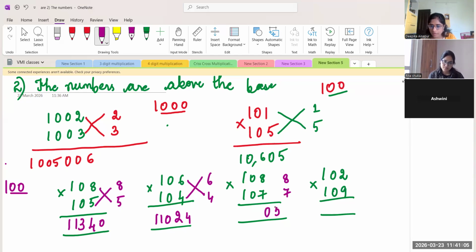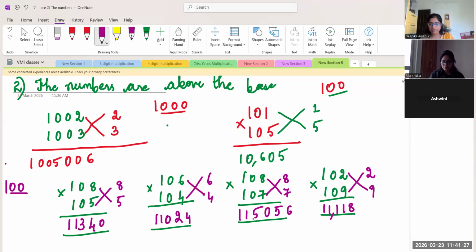So 0, 5, 6 for that. And then 108 plus 7 or 107 plus 8 will be 115. 102 minus 100 is 2. 109 minus 100 is 9. 9 twos are 18. And then 102 plus 9 or 109 plus 2, both are 111. That's it.